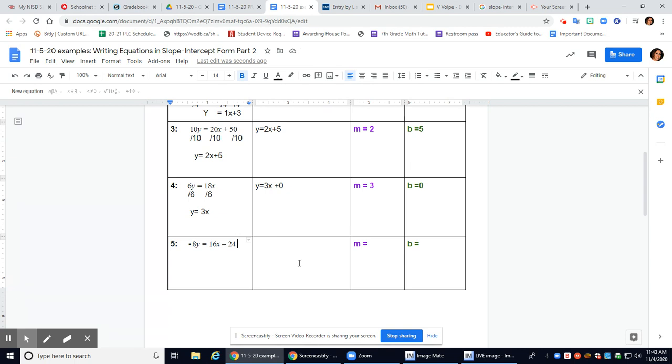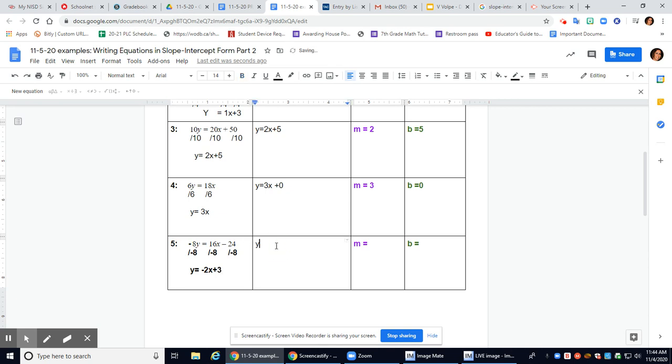Negative 8y equals 16x minus 24. For the side that has the y, it's getting multiplied by negative 8, so I have to divide each term by negative 8. When I do that, y will equal 16 divided by negative 8 is going to be negative 2x, and negative 24 divided by negative 8 is a positive 3.